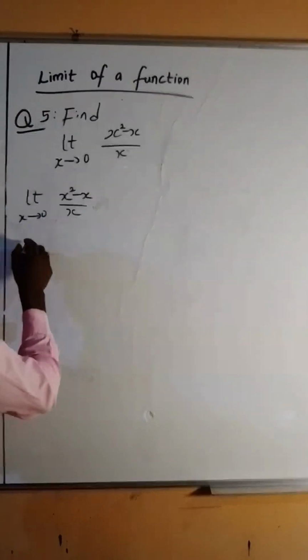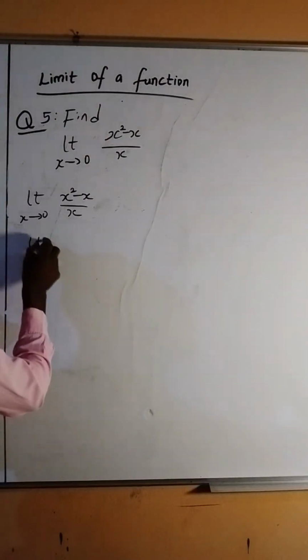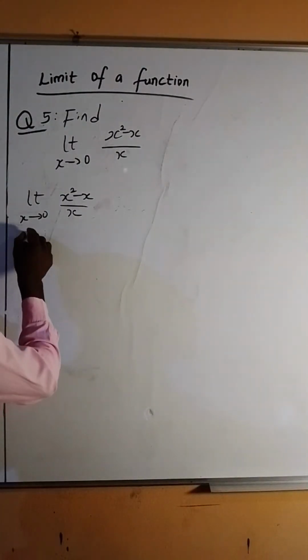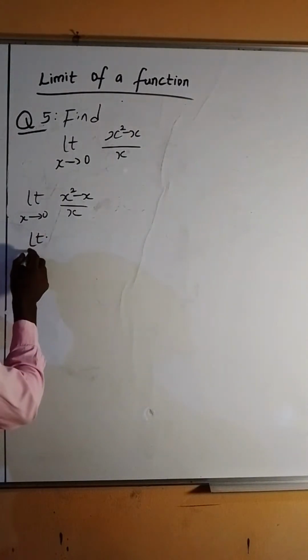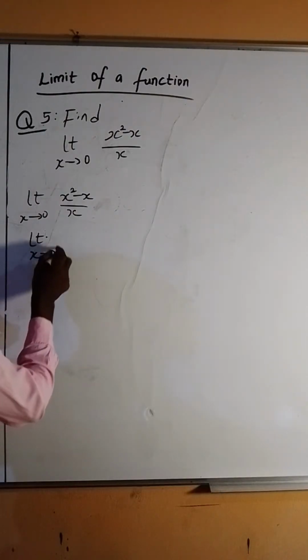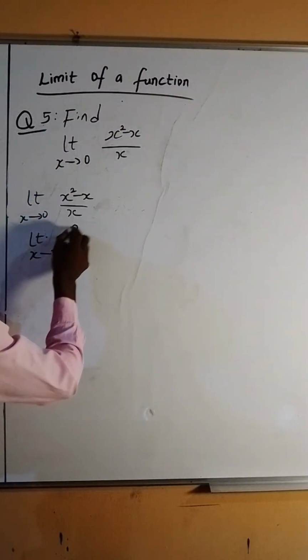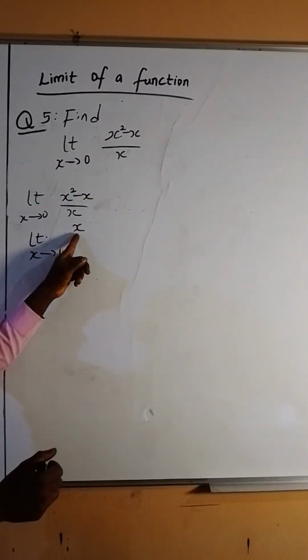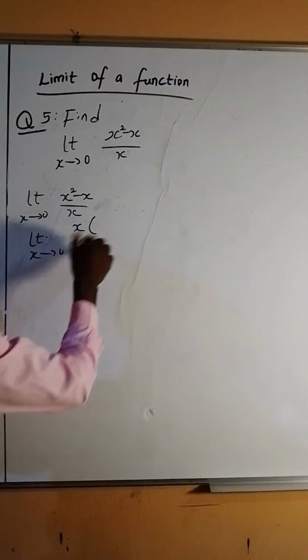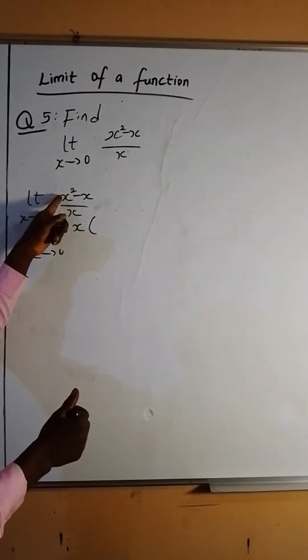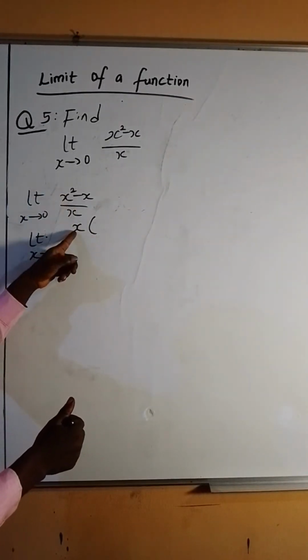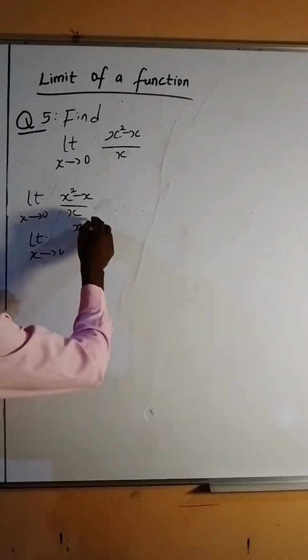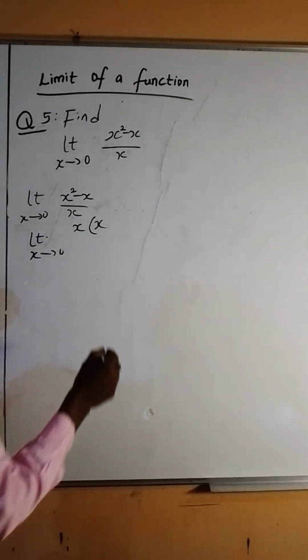The highest common factor is x. Then we open brackets, and we use x to divide x squared. We are left with only x inside the bracket.